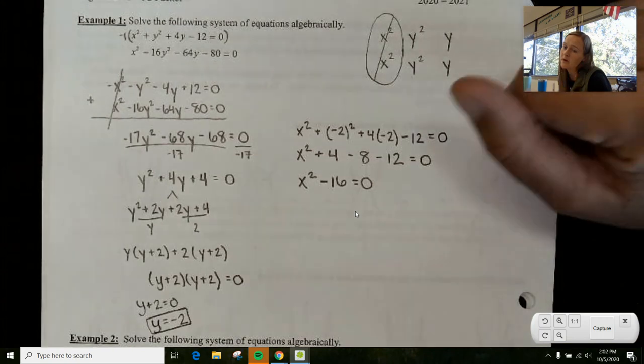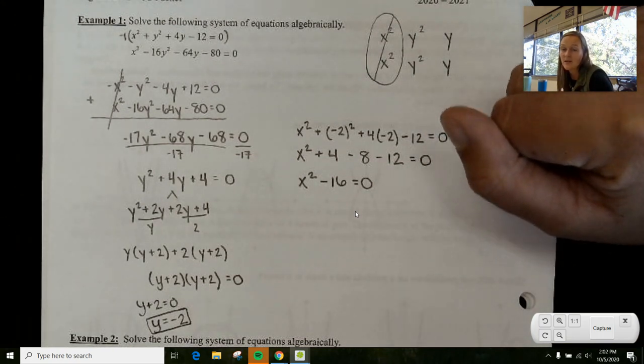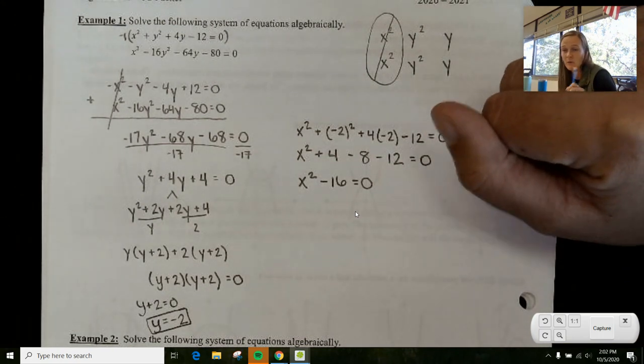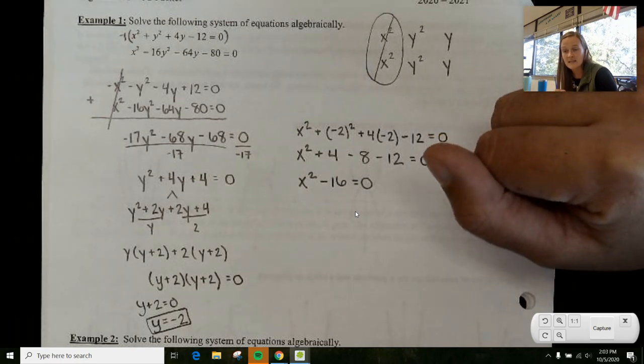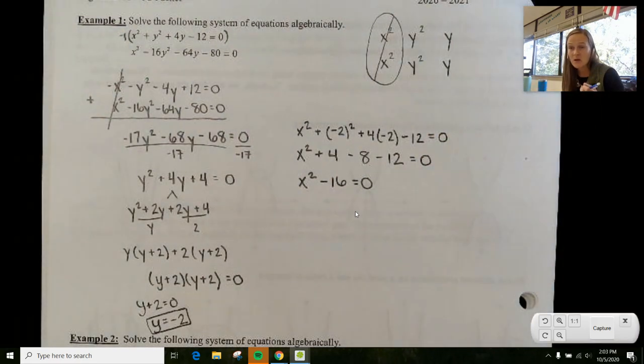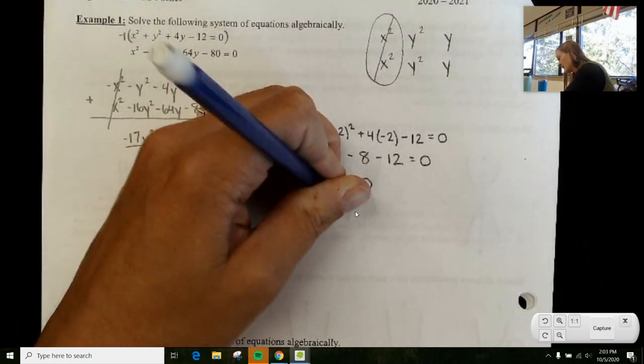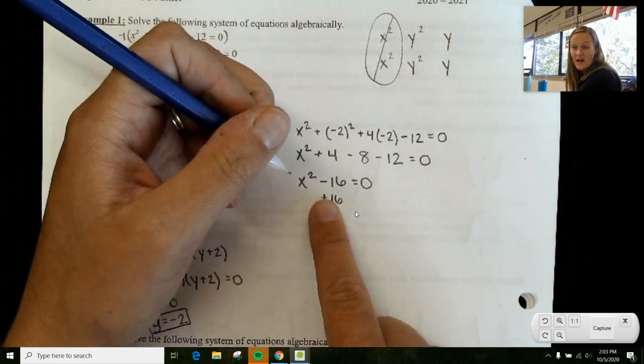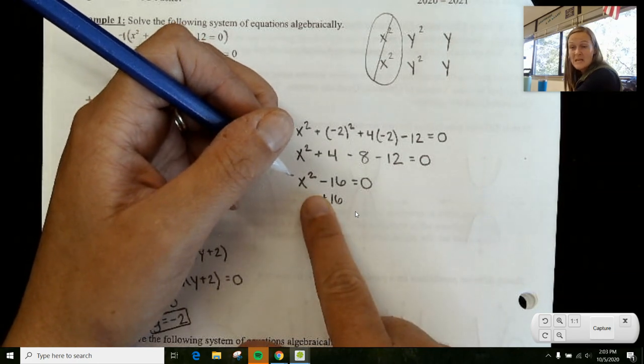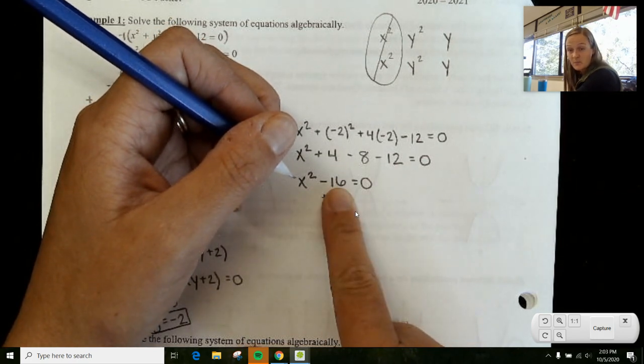Now, there's two different ways you can go about solving this. You can think of it as factoring, but I'm sure most of you are thinking, oh, I'll add 16 to both sides. And that would be called solving by square roots. Regardless of which method you take, you should get the same answers. I'm currently going to add 16 to both sides. The reason I can do this is there's no b value. There's no bx in the middle of the ax squared and c.